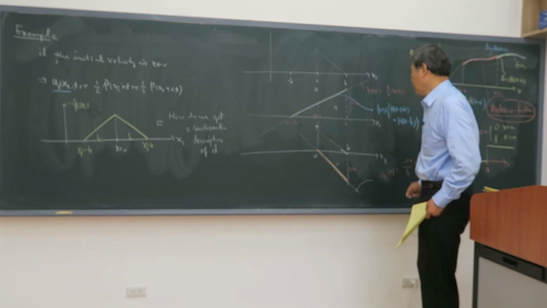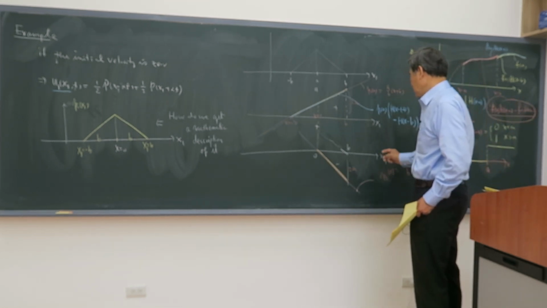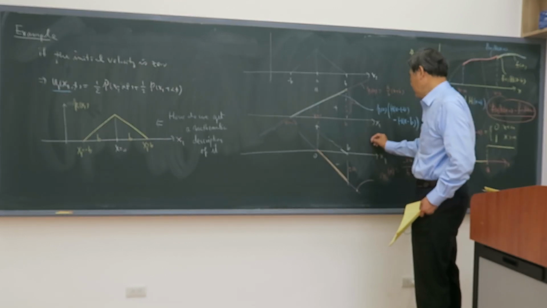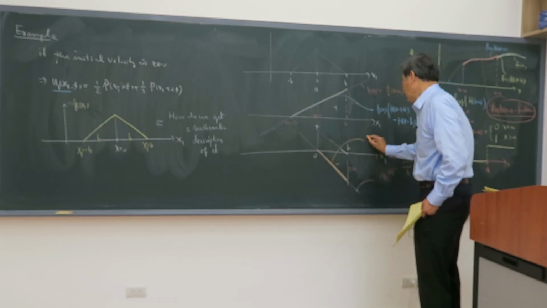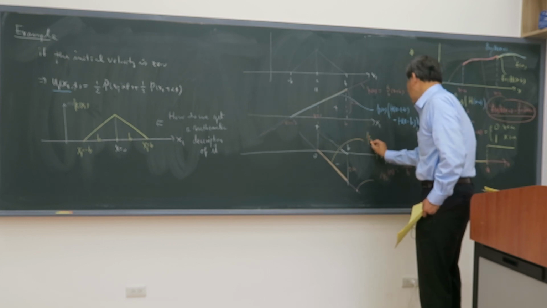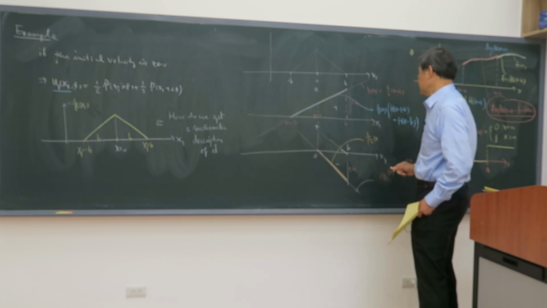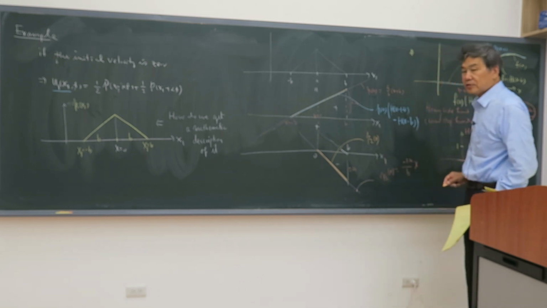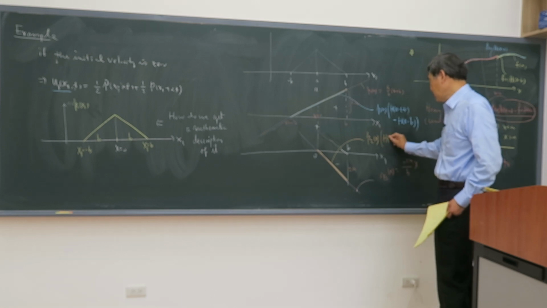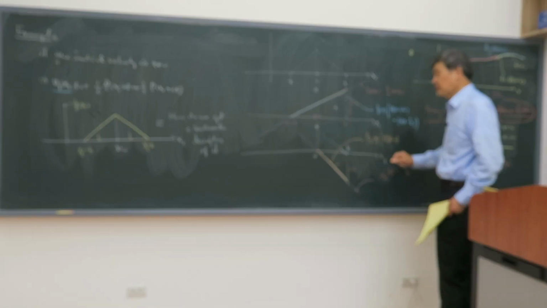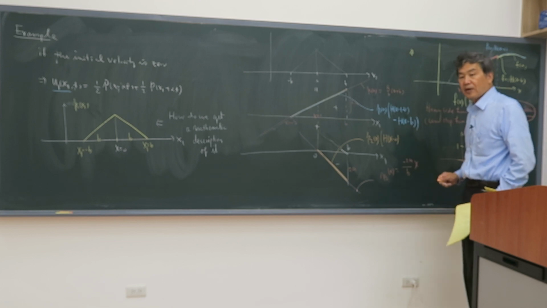And this one will be what? So this one will be this part. Will be P2x times Heaviside x minus 0, right?